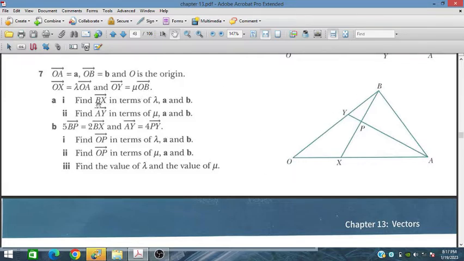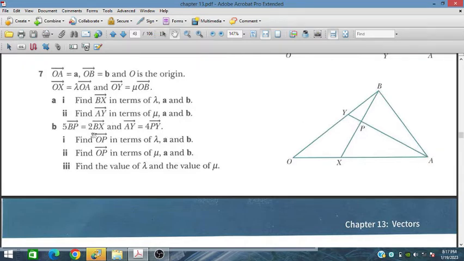We have to find BX in terms of lambda AB, and find AY in terms of mu AB.